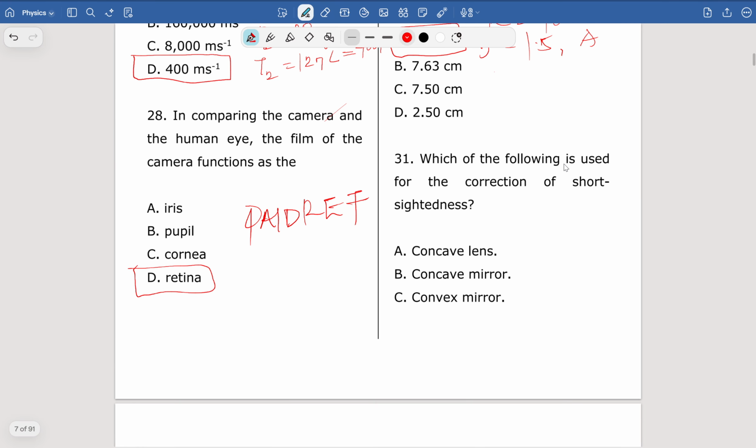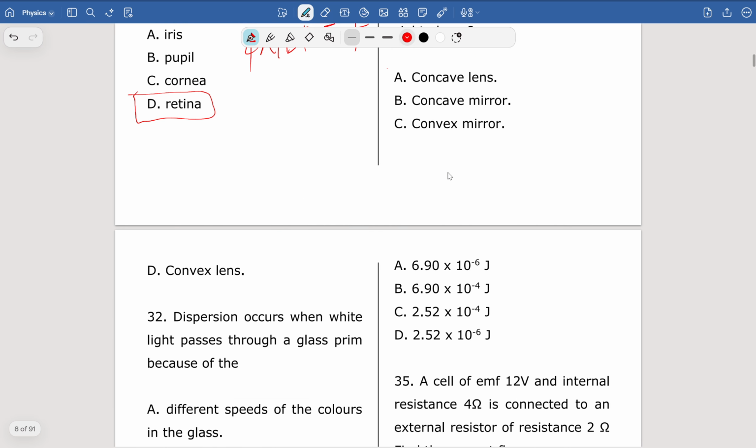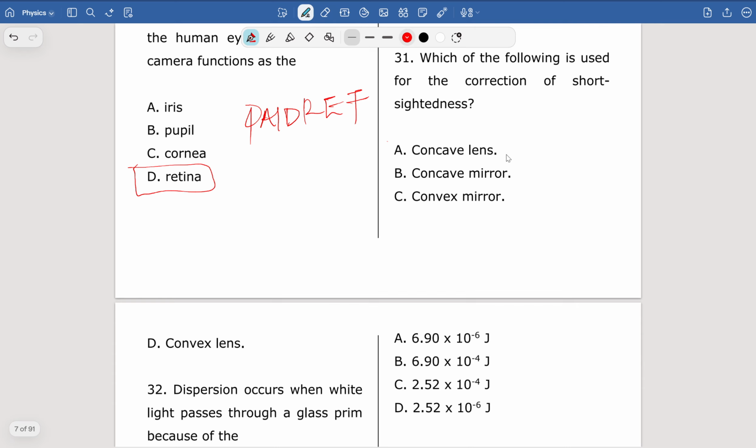So 31, which of the following is used for the correction of short-sightedness? Well, short-sightedness, we go with, okay, so is a convex lens a diverging lens? It's not, or is it? So a diverging lens, you have it this way, with the edges like this.